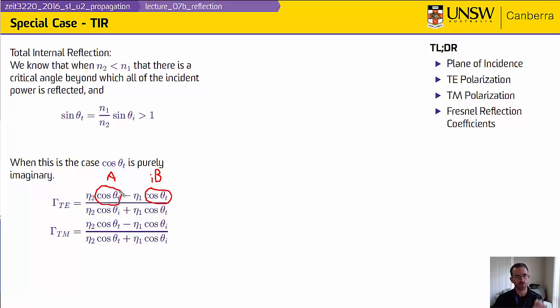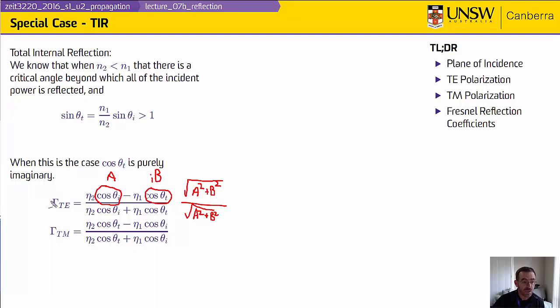So in the numerator I have a purely real number minus i times a purely imaginary number, and in the denominator I've got that same purely real number plus i times that same purely imaginary number. If I look at the magnitude of the numerator divided by the magnitude of the denominator, I have the square root of A squared plus B squared divided by the square root of A squared plus B squared.